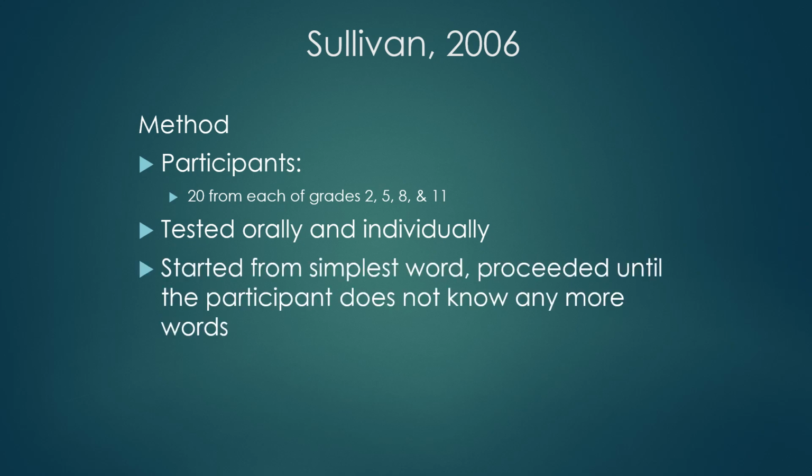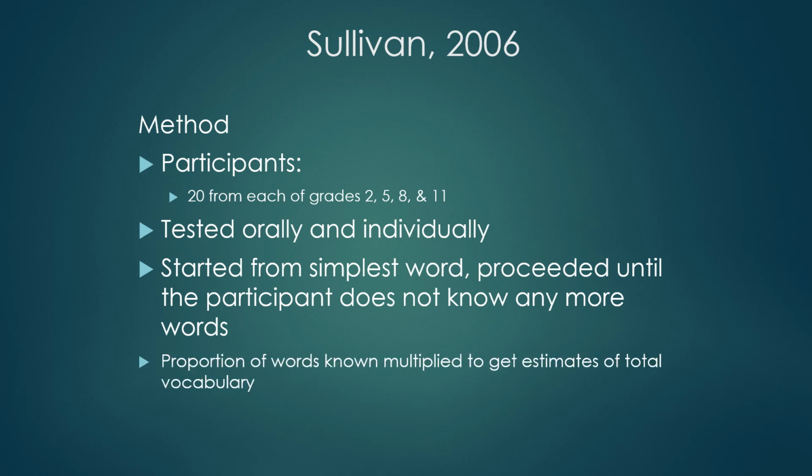My sample was about 1 out of every 1,000 words in the dictionary. I ordered the words from simplest to most difficult and started with the simple words and continued asking questions until it was clear that the child did not know any more of the words on my list.